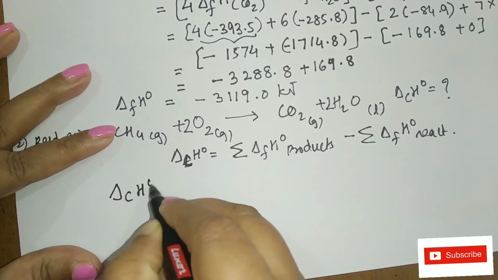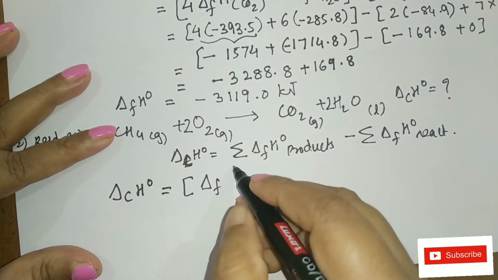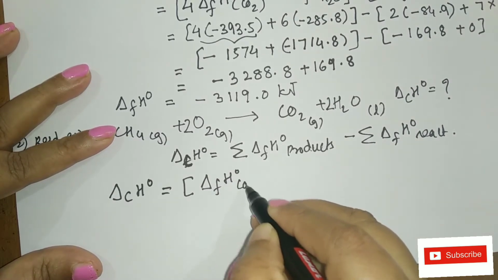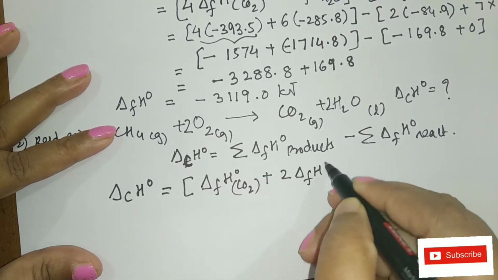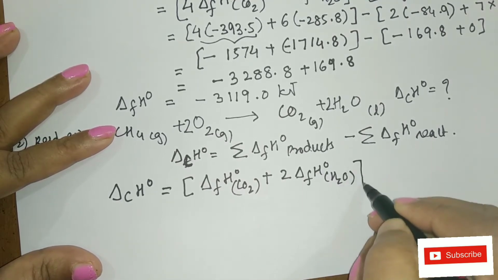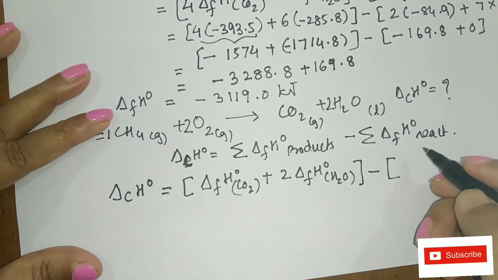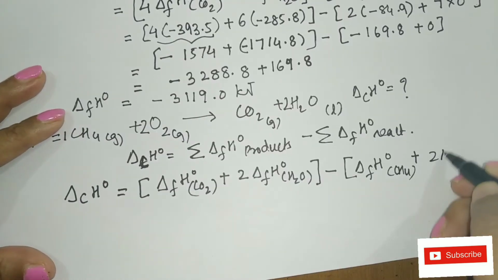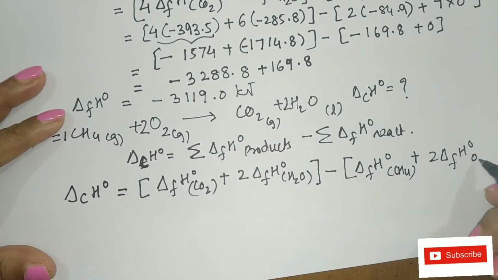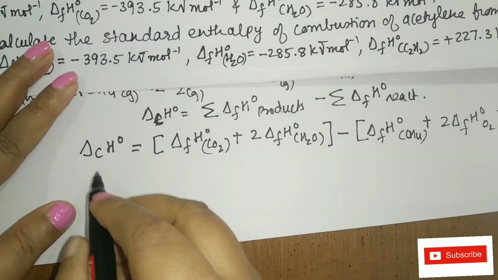The standard enthalpy of combustion is equal to the standard enthalpy of formation of carbon dioxide plus 2 times the standard enthalpy of formation of water, product side over, minus 1 time the standard enthalpy of formation of methane plus 2 times the standard enthalpy of formation of oxygen gas. The reactant side is also over. Now let us start substituting the values.